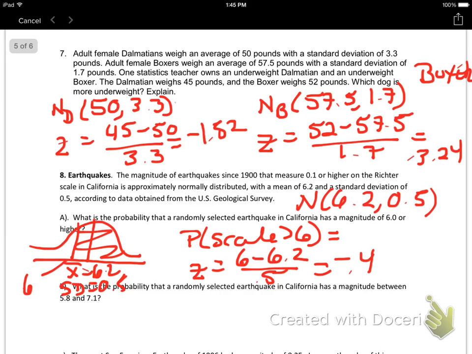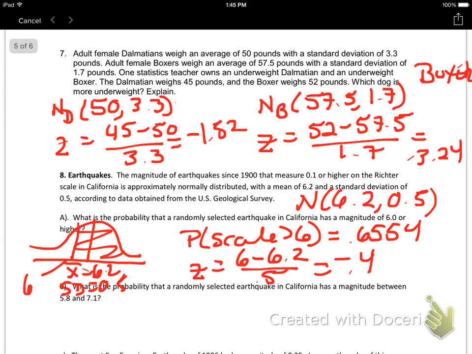Now, if I look up negative 0.4, I'm not going to get an answer greater than 50%, but more than 50% of my curve is highlighted. So I'm going to look up positive 0.4, and I get 65.64. Did I say that right? Okay, so that is the answer.